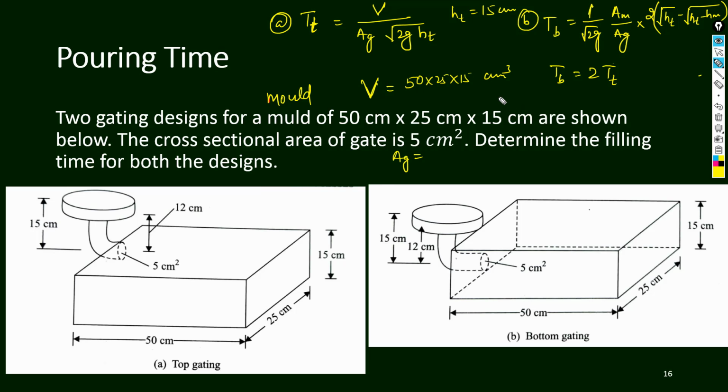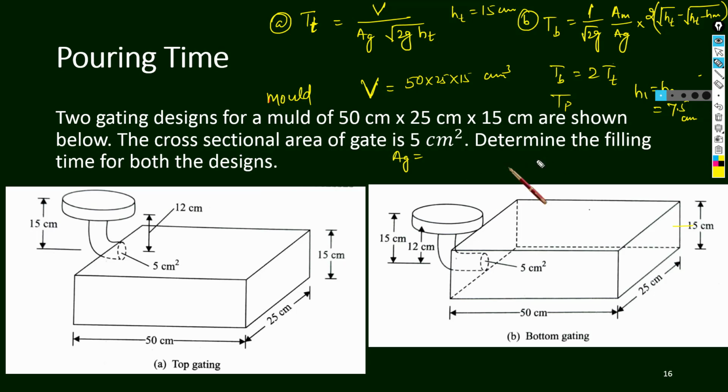Please try this at home: the same question for the parting gate system, and check how much time it comes, compare Tt, Tb and Tp, where h1 is equal to h2 is equal to 7.5 centimeter.